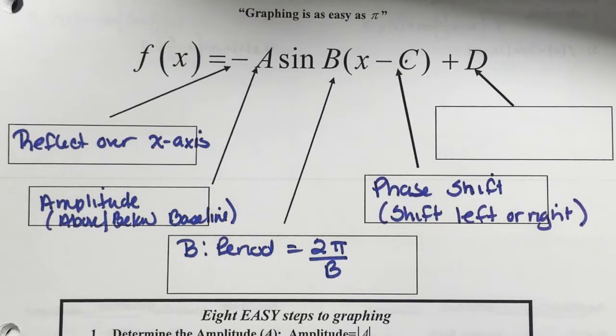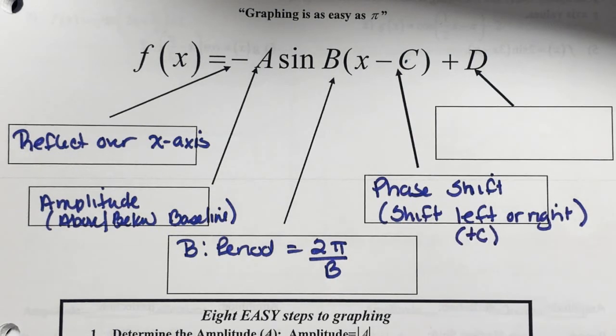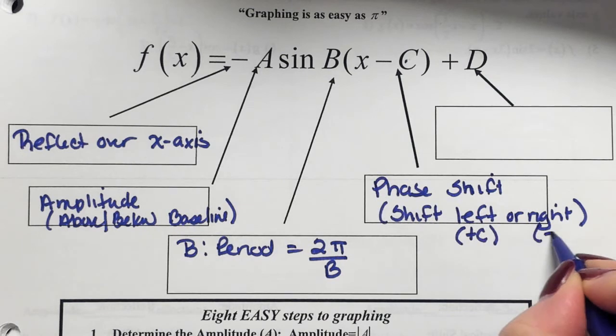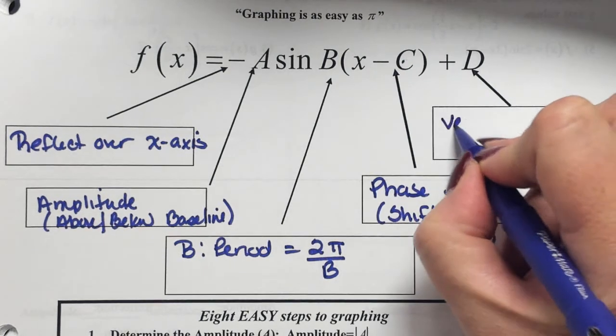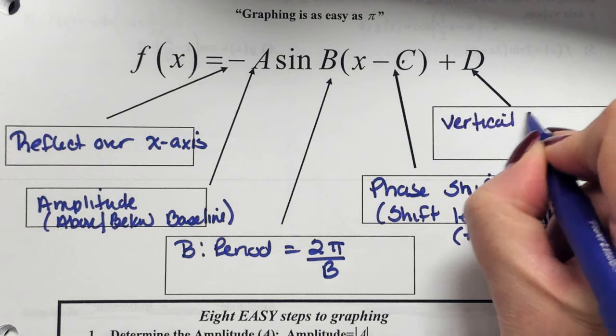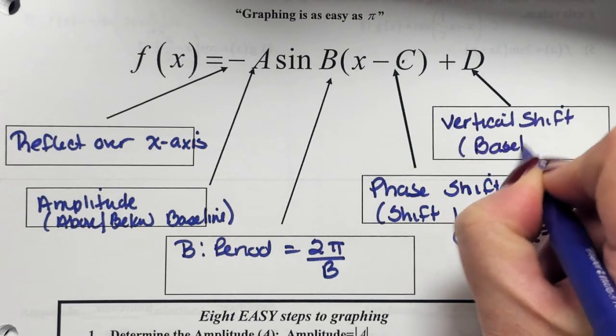We use a different vocabulary word called the phase shift. And just a reminder, remember, if you're going to the left, it's going to be a plus c. If it's to the right, it's going to be a minus c. And again, that plus d, remember, is your vertical shift. And again, that tells you where your baseline is going to be.